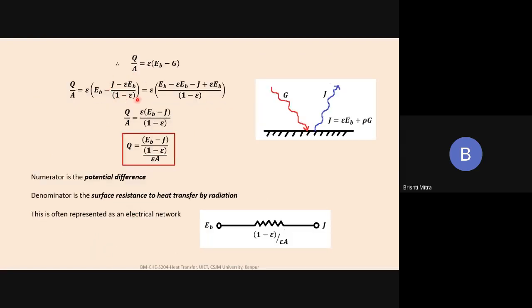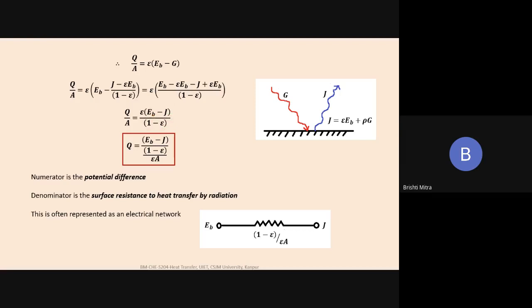So this is where I have put the value of G. And if I take the LCM, what do I get? The numerator is EB minus epsilon EB, minus J plus epsilon EB. So these two terms will cancel out. And what we are left with is epsilon into EB minus J, divided by 1 minus epsilon.